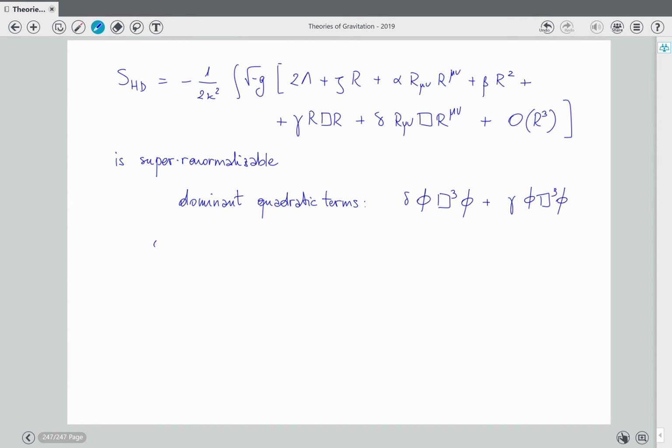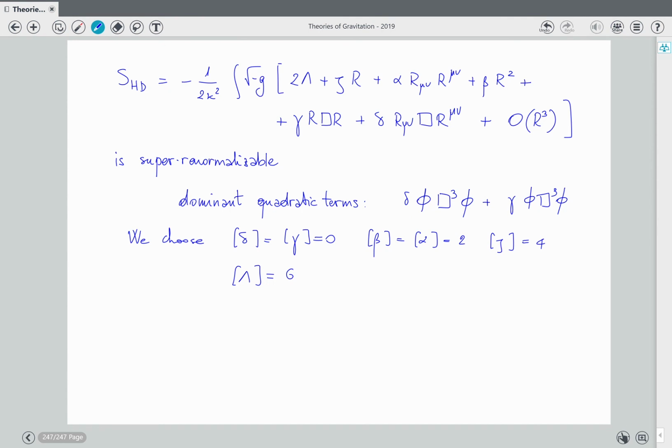So you choose now dimensions of delta and gamma equal 0. And then you will have that beta will have to have dimension 2 like alpha, and then zeta will have dimension 4, and lambda will have dimension 6.